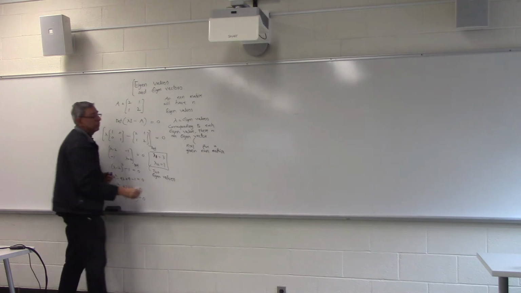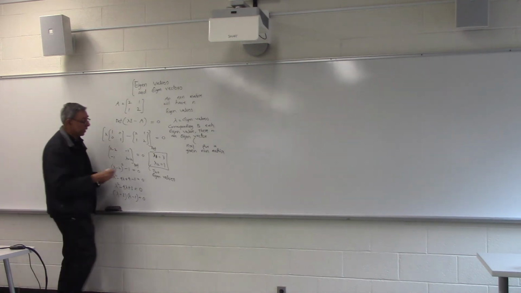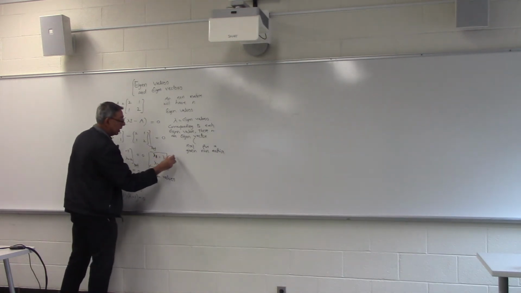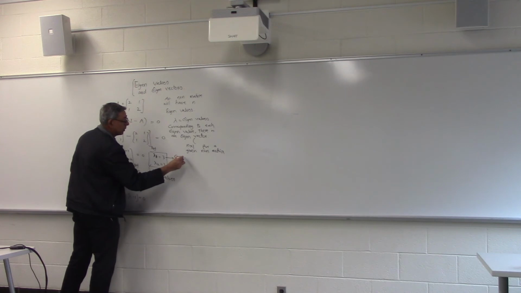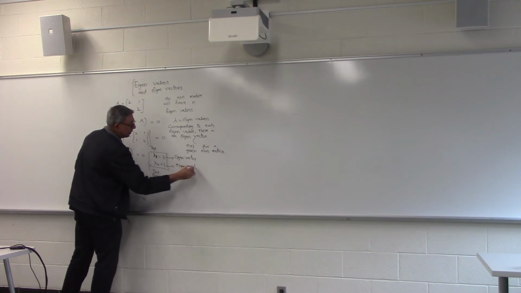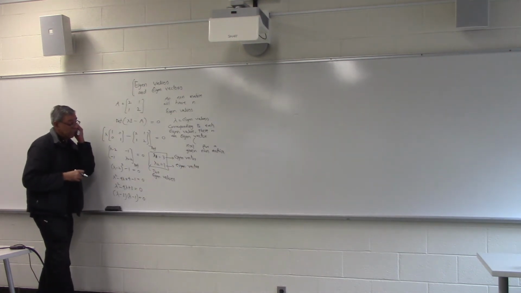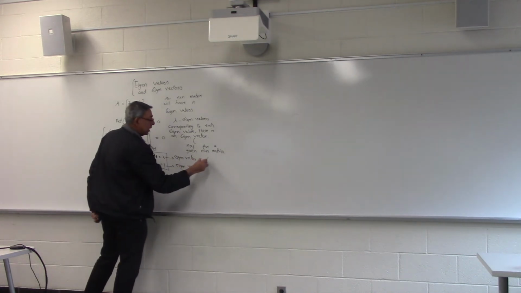A vector is always like a column of numbers. So corresponding to lambda 1 equal to 3, there will be an eigenvector. Corresponding to lambda 2 equal to 1, there will be an eigenvector. So the next question, how do we calculate the eigenvector?